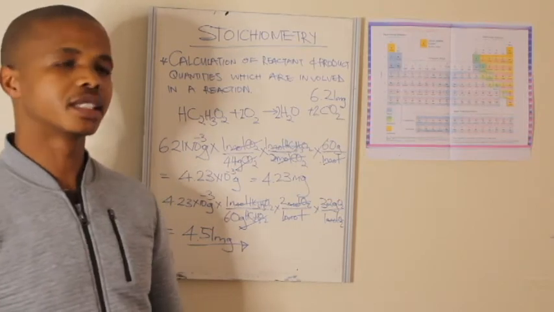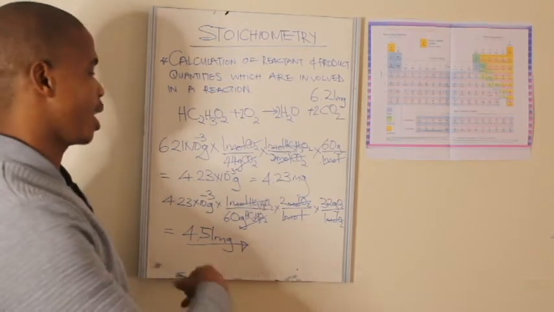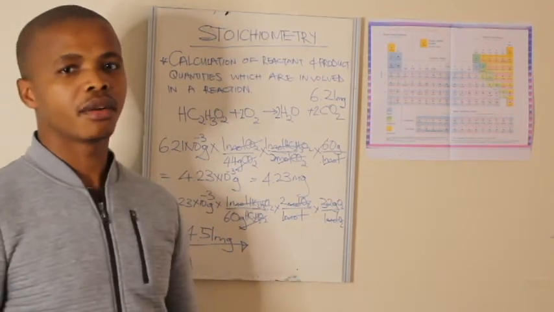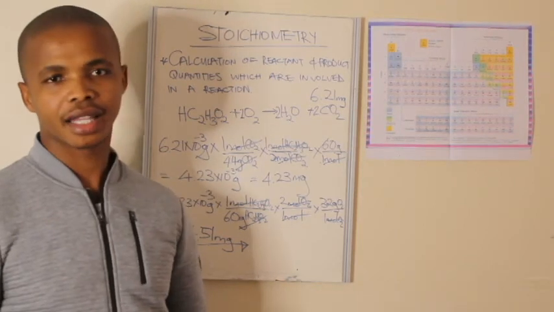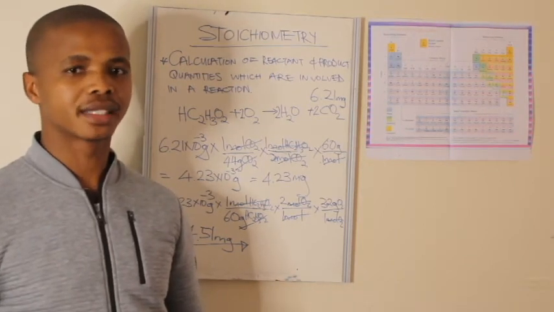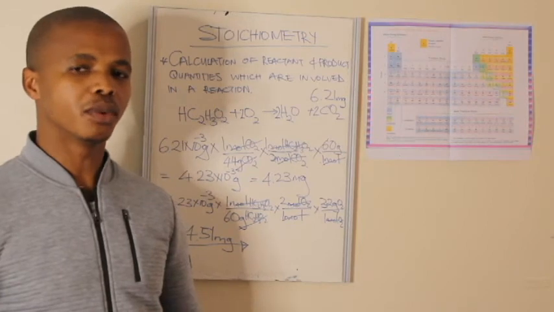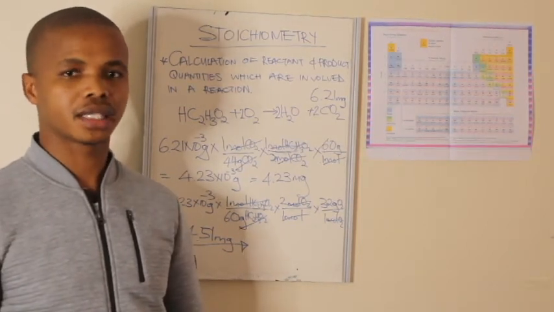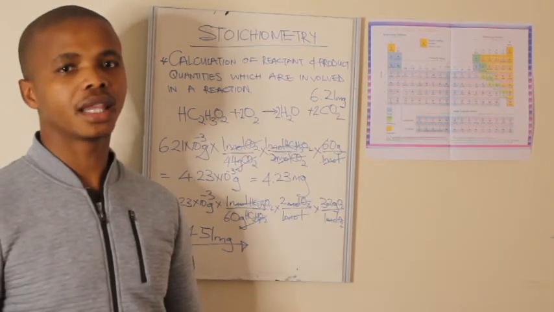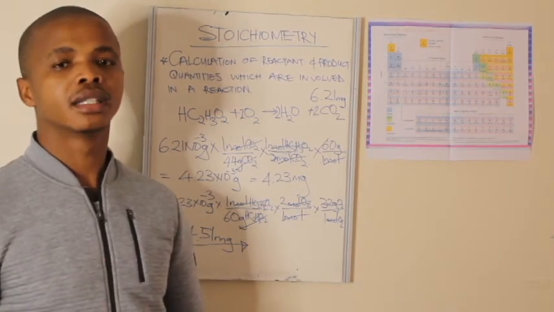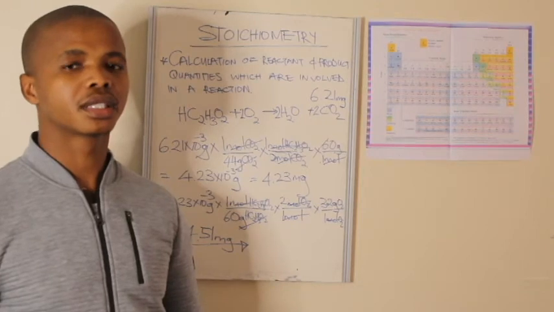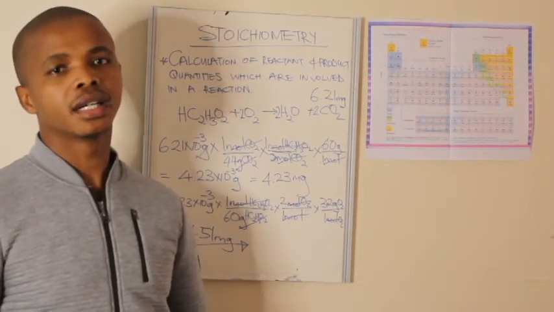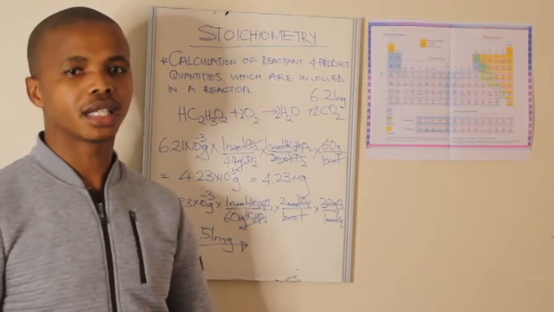But it happens that you don't usually add the exact amount. One amount would be higher than the other and one would be less. And then what do you do in those situations to get to your product? We will talk about that in the next video when we talk about limiting and excess reagents in a chemical reaction.